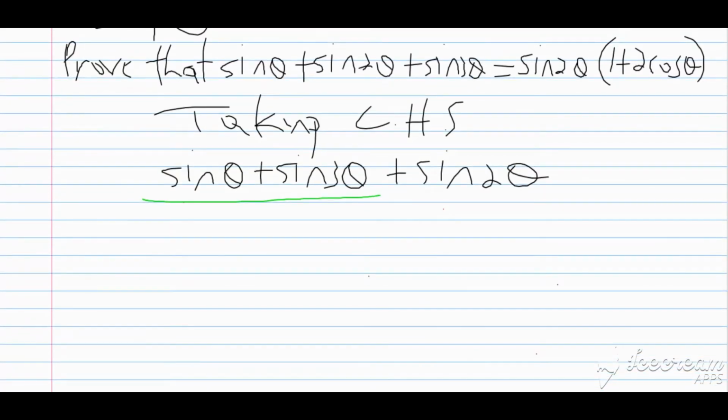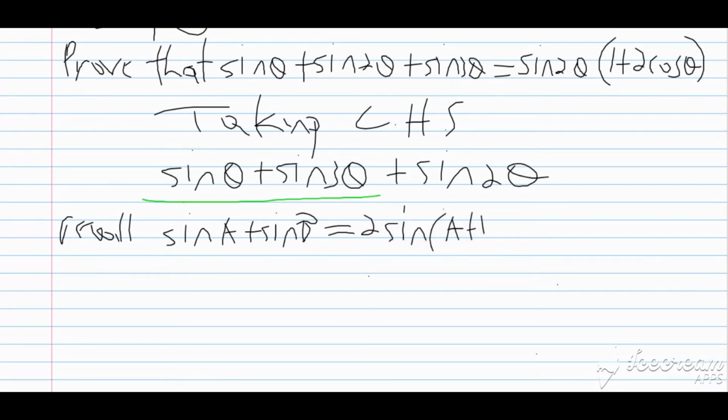Now, let us try to recall what the factor formula for sine a plus sine b says. It doesn't matter if we use a plus b or x plus y. Sine a plus sine b is equal to 2 sine of (a plus b) upon 2 cosine of (a minus b) upon 2.